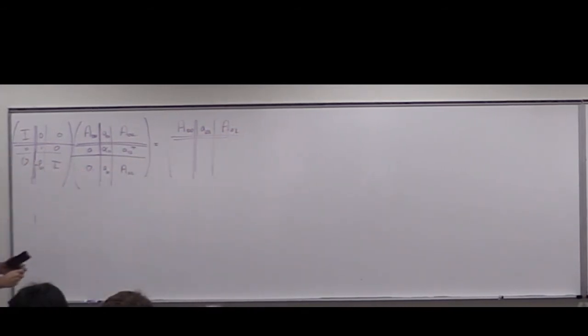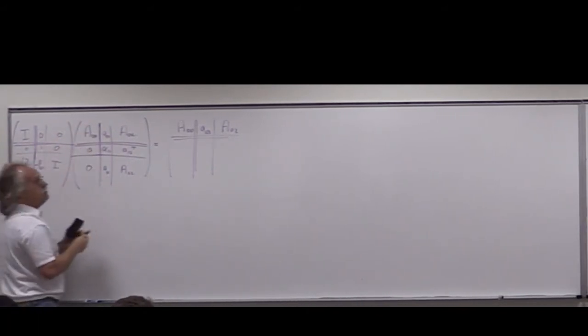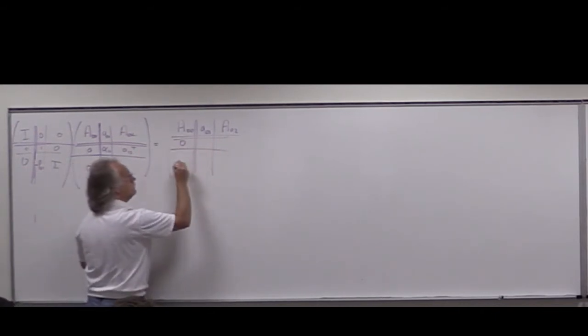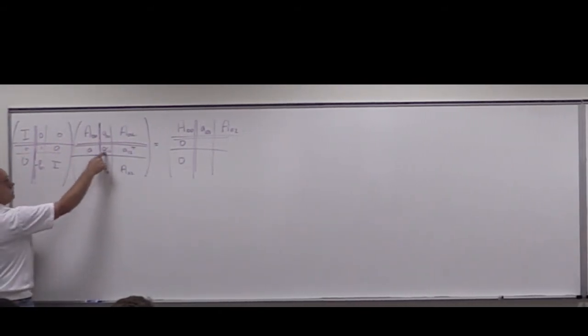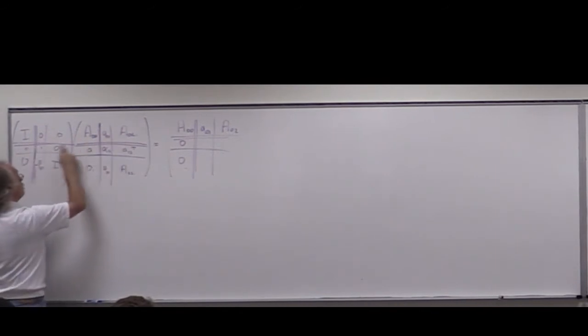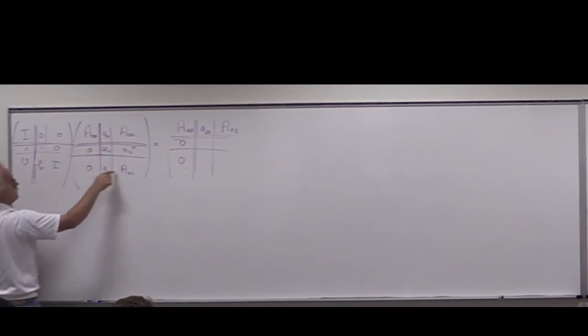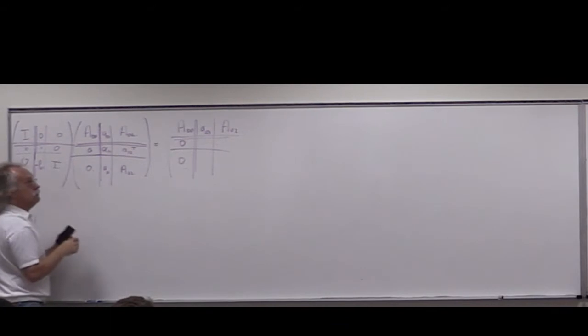Okay? This times that plus this times that shows that the zeros here are preserved. Okay? Let's see. This times that plus this times that plus this times that shows that this is left alone. This times that plus this times that plus this times that shows that this is left alone.